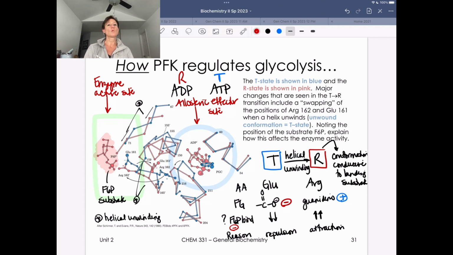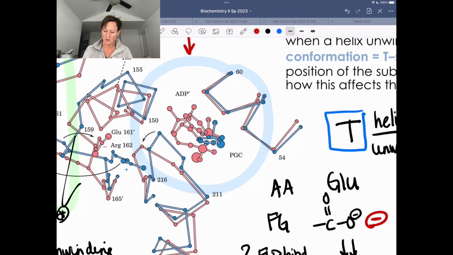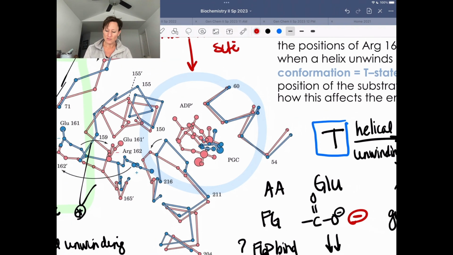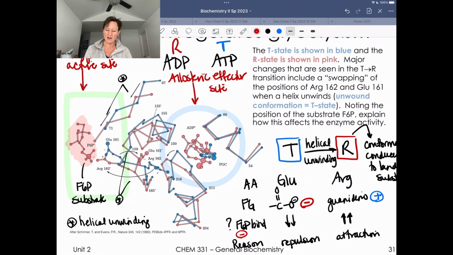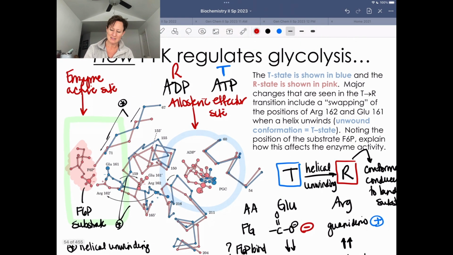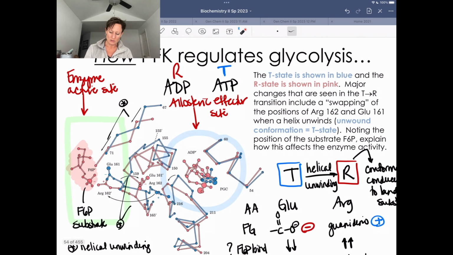ADP will lock it into the R state, okay? And I'm not going to get into the weeds of the structural details here, but if we think about what's the difference between ADP and ATP, it's a single phosphate. But that is enough to control whether or not we have a molecule that locks in the T state and allows for that glutamic acid to stay in the enzyme active site.